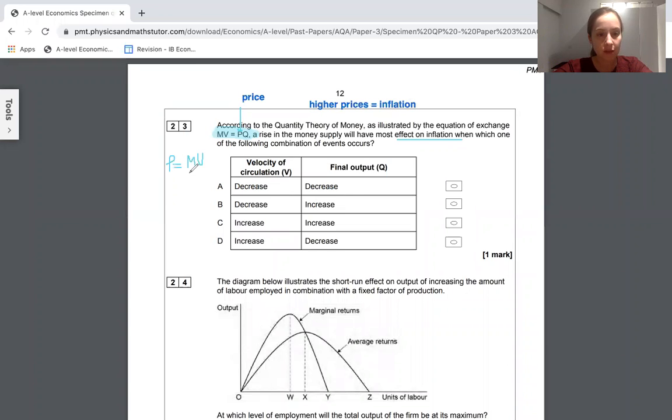That's MV divided by Q. So to get a higher P, all I would need is either higher M, higher V, or lower Q. So here, V would have to increase. You don't really need to know what that is for this one. And the final output would have to decrease. So actually the answer is D.